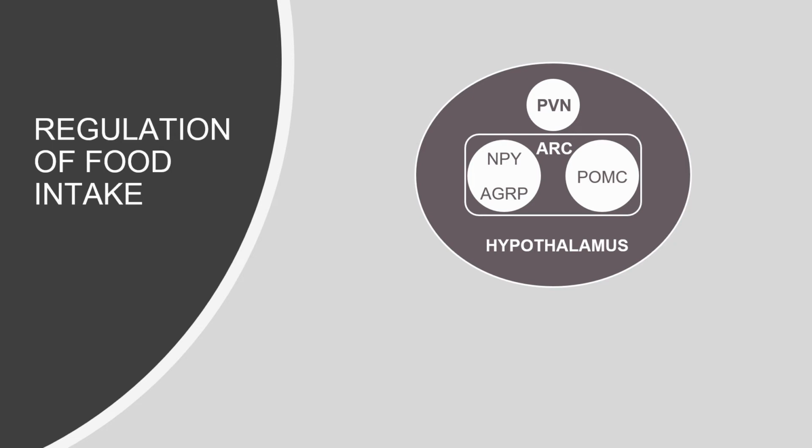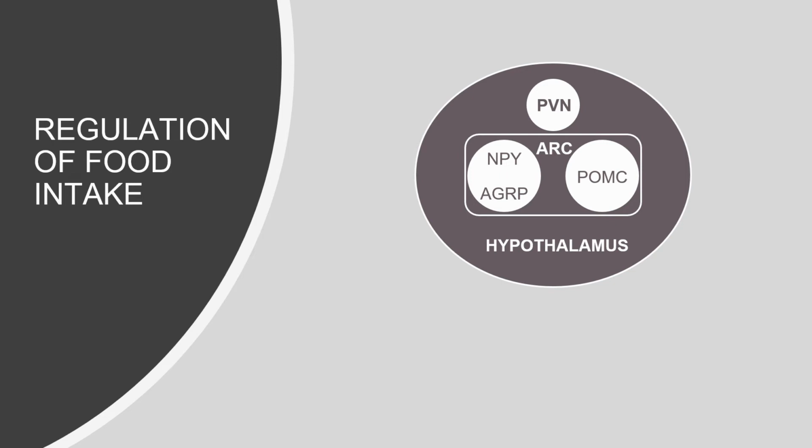Now let's go to food intake regulation. Food intake is affected by many factors. It is controlled from the hypothalamus, which we can see shown here. Let me take another pen color. This is the hypothalamus, right?